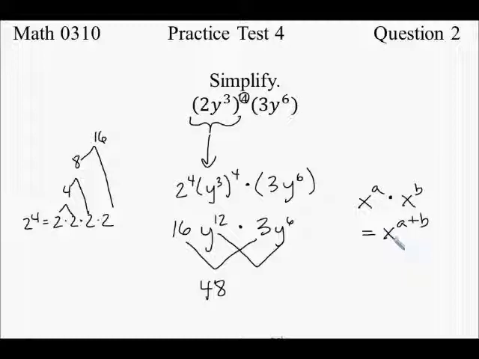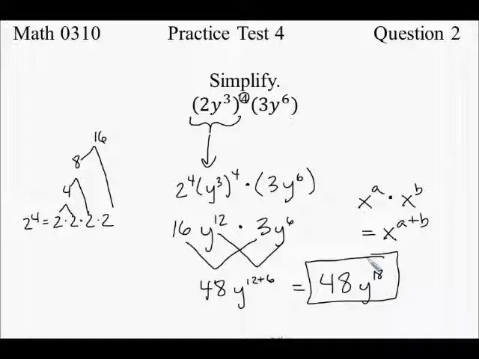We get x to the a plus b power. So this is y to the 12th times y to the 6th, same base y, so we're going to add that. That becomes y to the 12 plus 6 power, which we can see then is y to the 18th power. And so that is our answer there. And that corresponds with answer choice A.